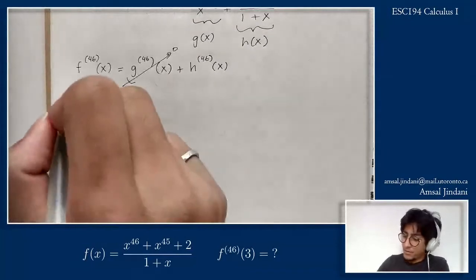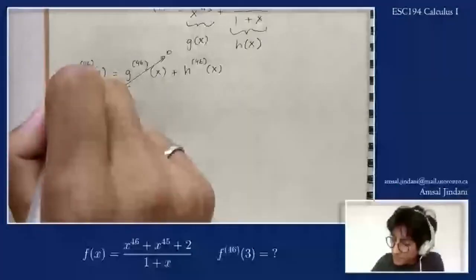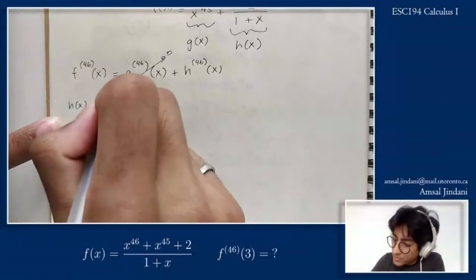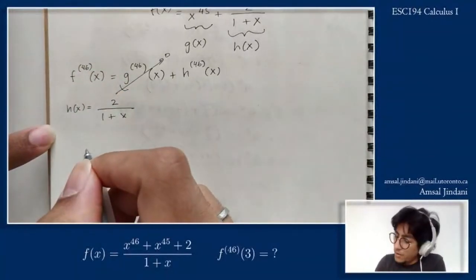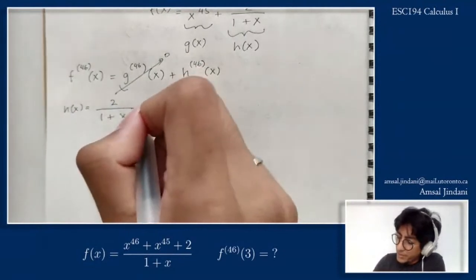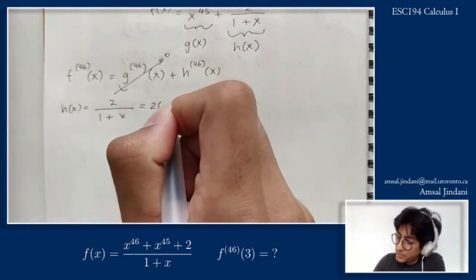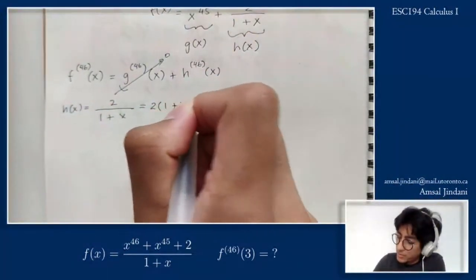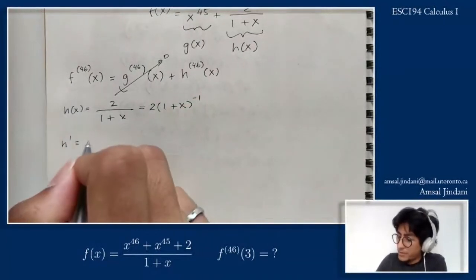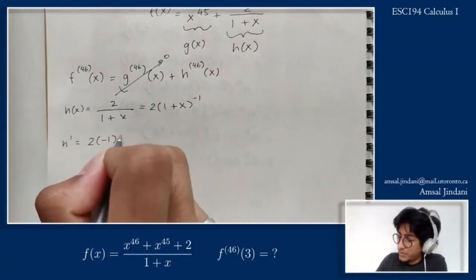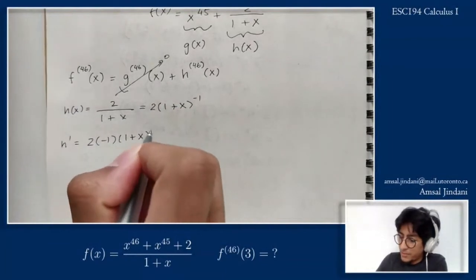Okay? So what do I have? I have h of x equals 2 over 1 plus x. I'm going to write that down as 2 times (1 plus x) to the power negative 1. Okay, let me take the first derivative. So I have 2 times negative 1 times (1 plus x) to the power negative 2.